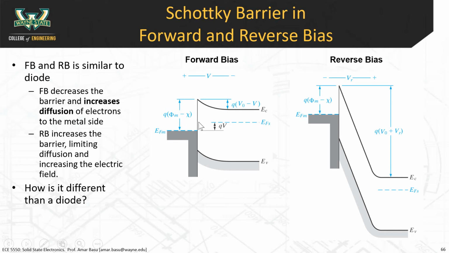All right, so this is what the band diagram looks like in the forward bias. Remember in a p-n junction diode, how there was this barrier here, and when you put forward bias on the diode, that barrier height became smaller. Same thing is happening here. This qV0 becomes q(V0 minus V).